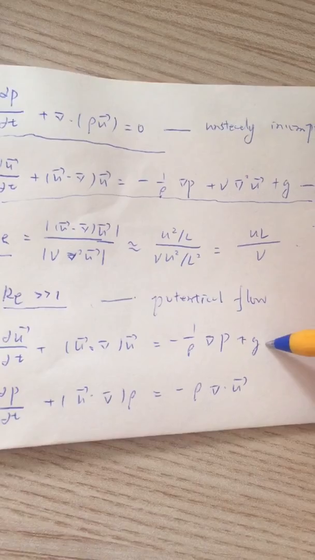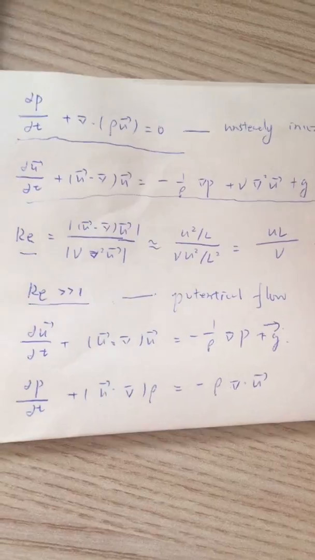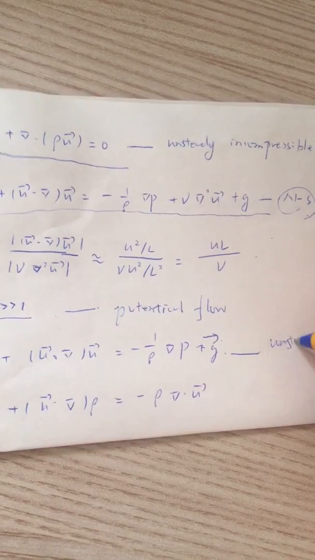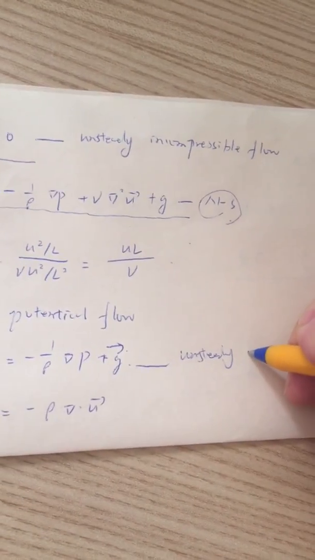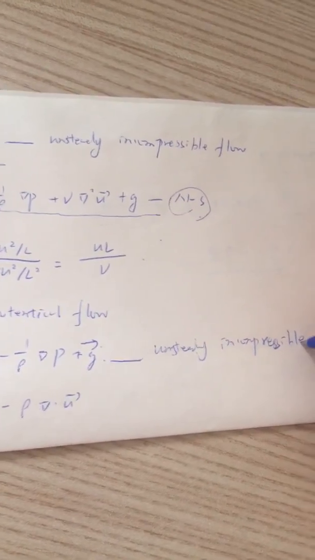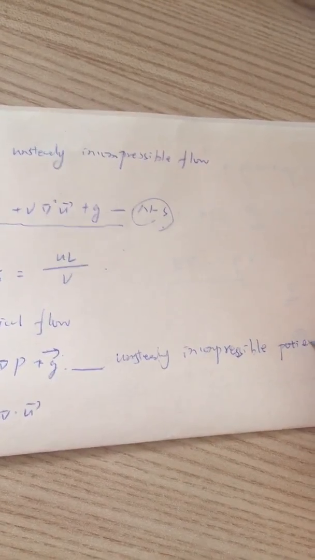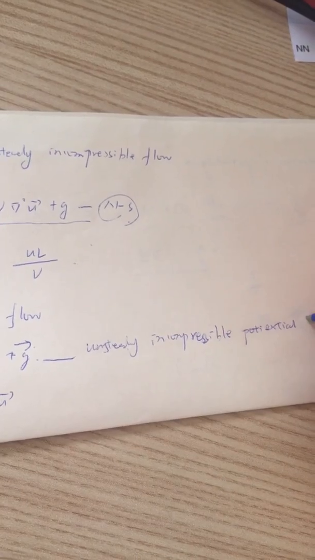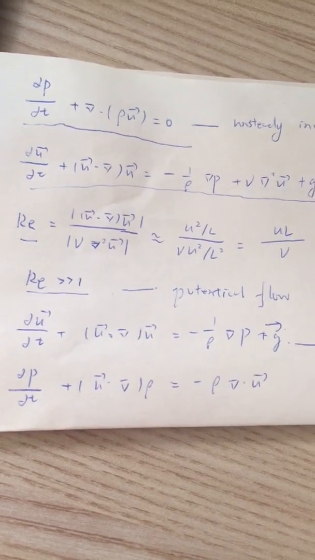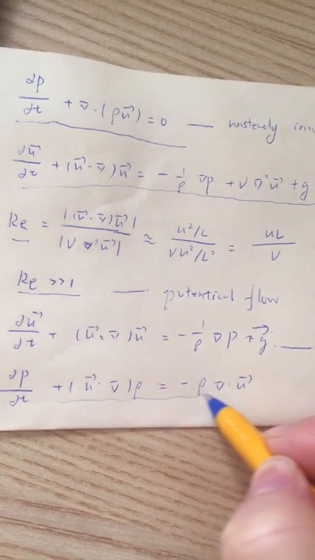This one would be the unsteady incompressible potential flow. The equation of continuity can also be expressed in this term.